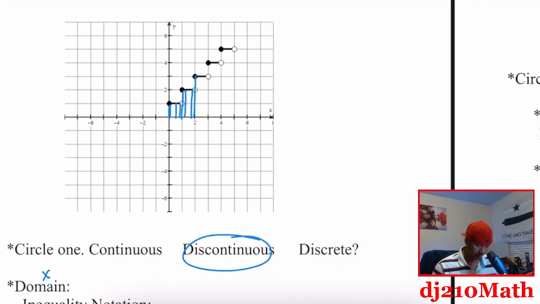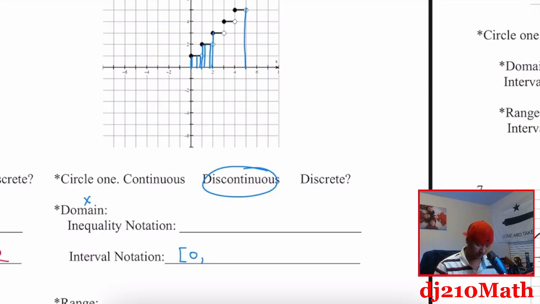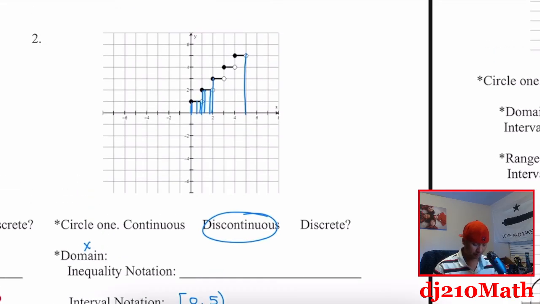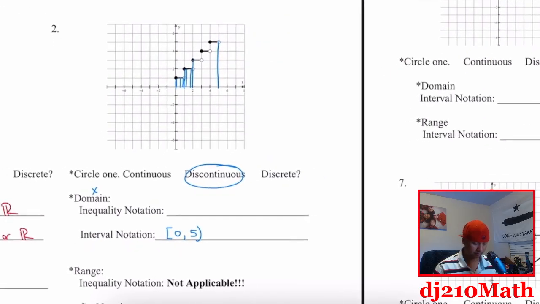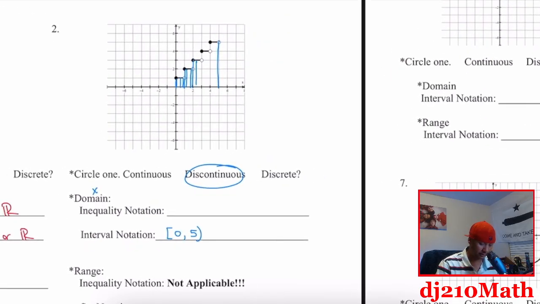So the most right that this would be is 5 with an open circle. So from 0 to 5, right? Any value from 0 to 5 will be in this graph as far as x is concerned, right? All these are still there.